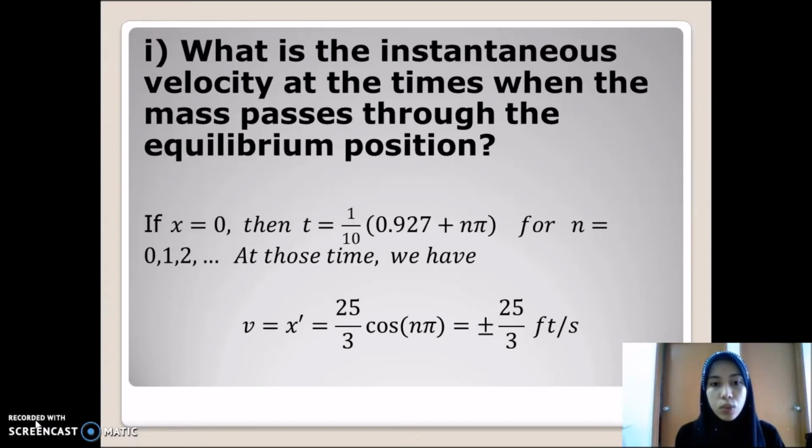Okay, if x equal to 0, then you can see that t is equal to 1 over 10 times (0.927 plus n pi) for n equal to 0, 1, 2. We put it in the formula and then we get the answer plus or minus 25 over 3 feet per second.